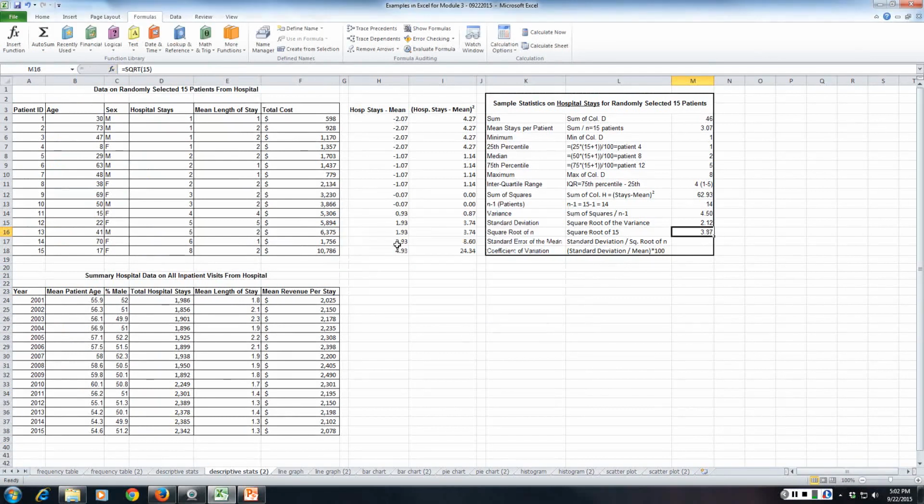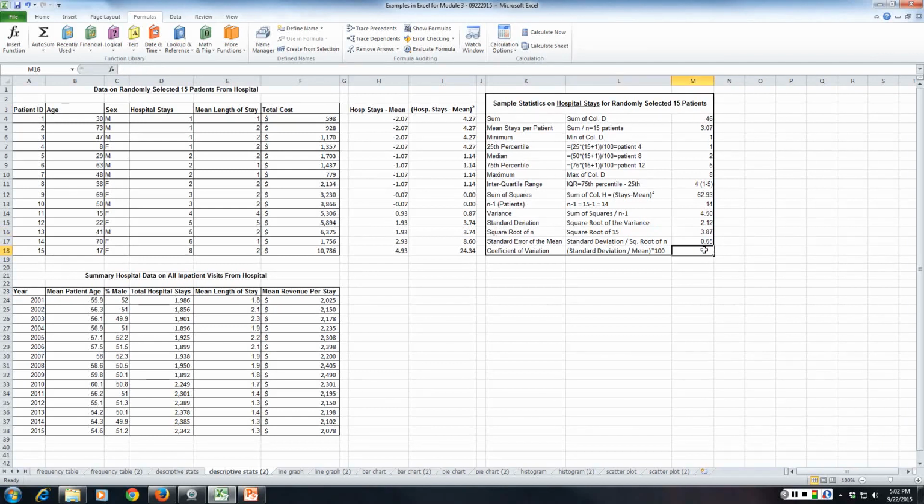We got the square root of 15, 3.87. So the standard error of the mean now is quite simply our standard deviation of 2.12 divided by the square root of n, 3.87. And we got the standard error of the mean, which is 0.55.